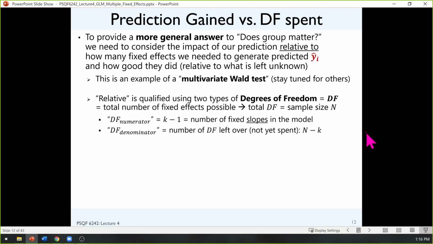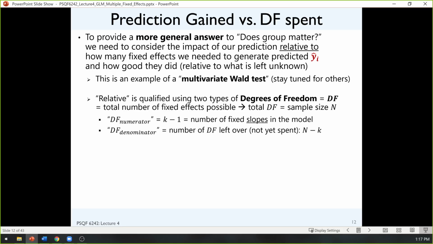So we have to be able to quantify how good these slopes did as a set in the context of a model, relative to how much information they captured relative to how many slopes it took to capture that information. So we're bringing back into the conversation the idea of degrees of freedom, and there's two distinct kinds. There's numerator and there's denominator.